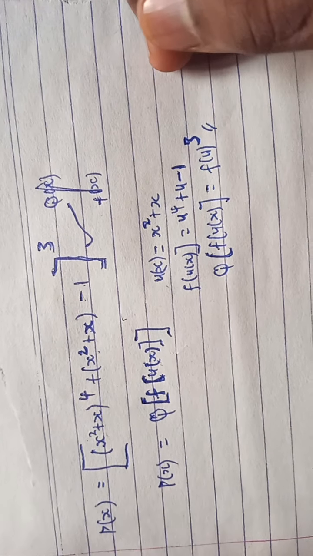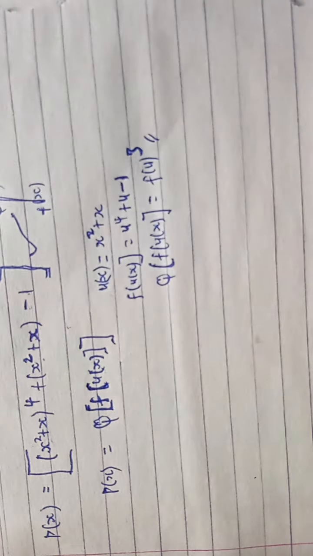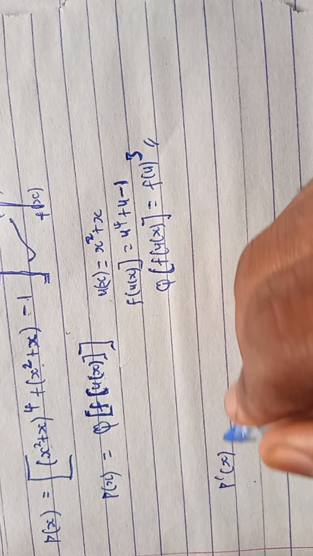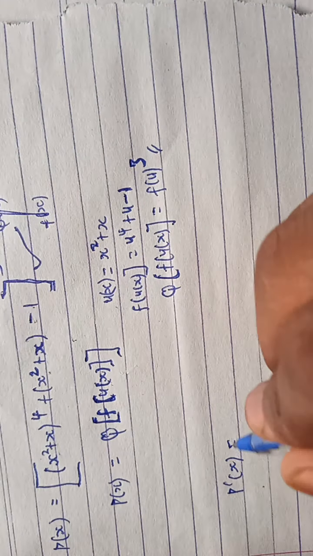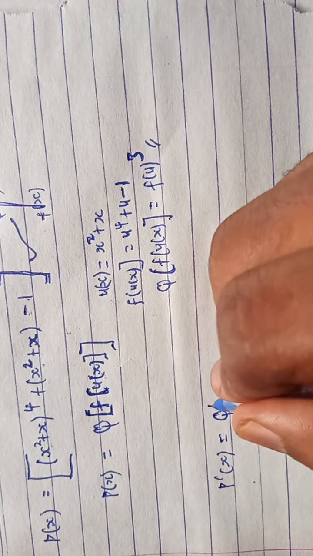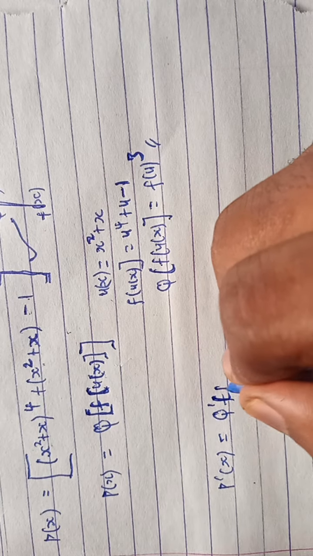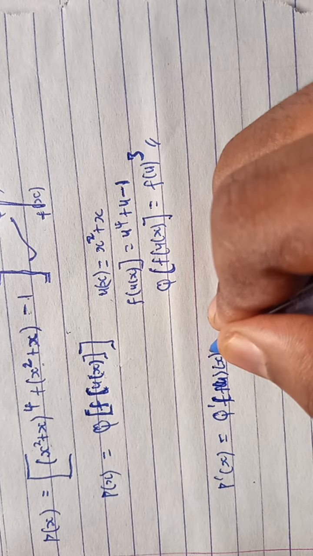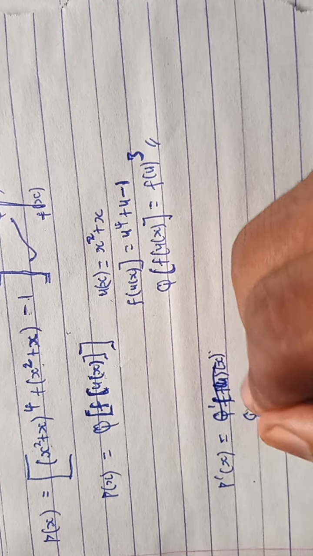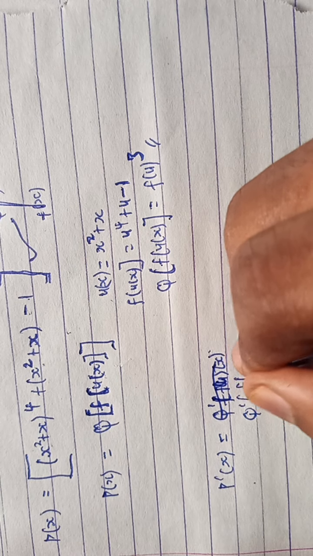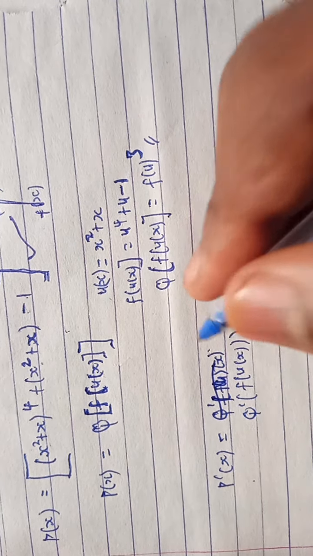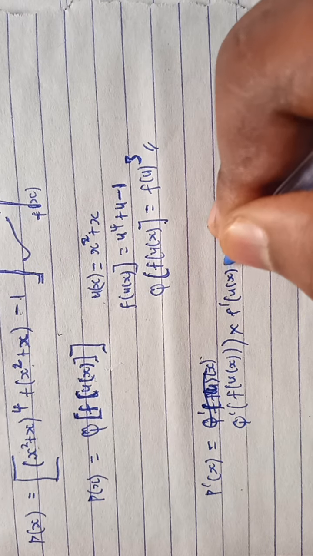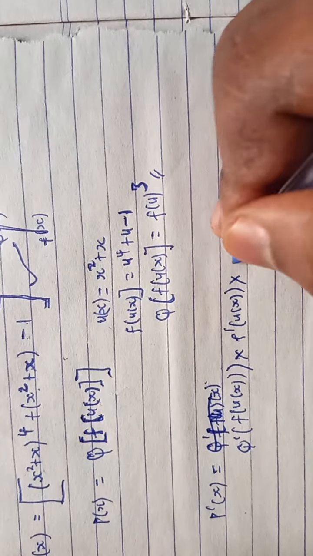So let's move on. In solving that one, we will have p prime of x to be equal to q prime of f of u of x, multiplying by f prime of u of x, multiplying by u prime of x.